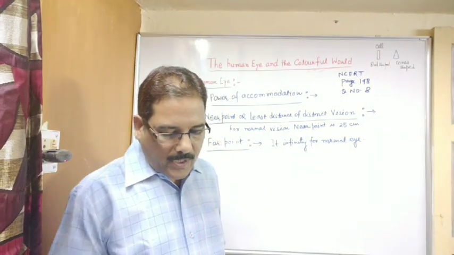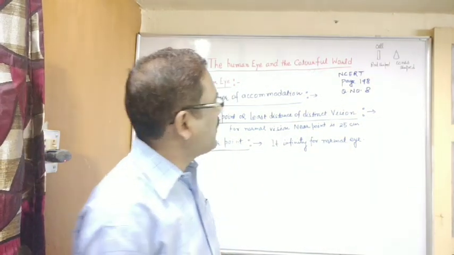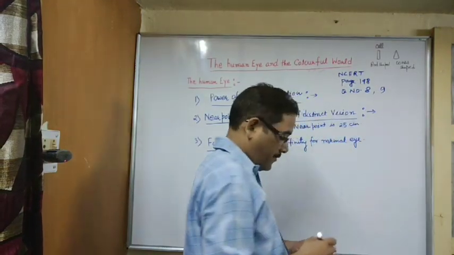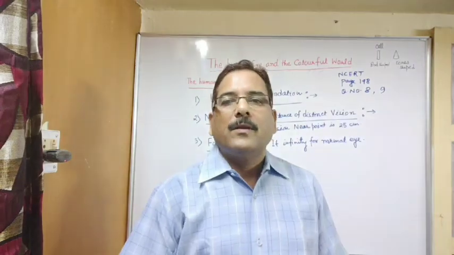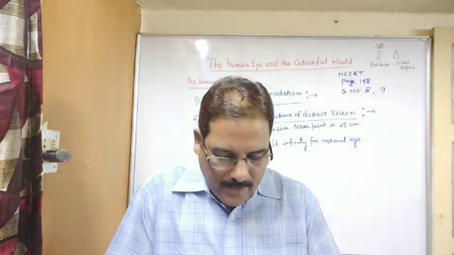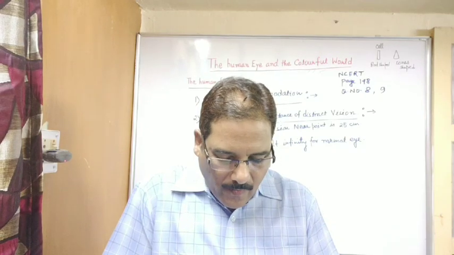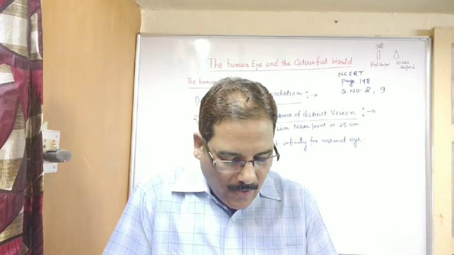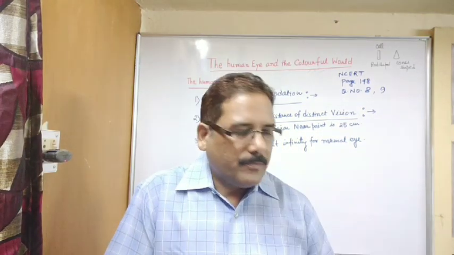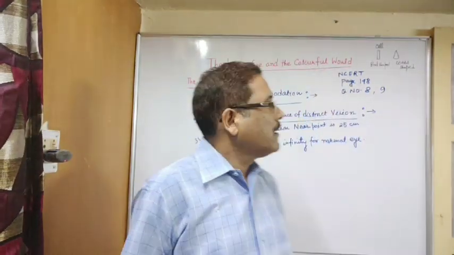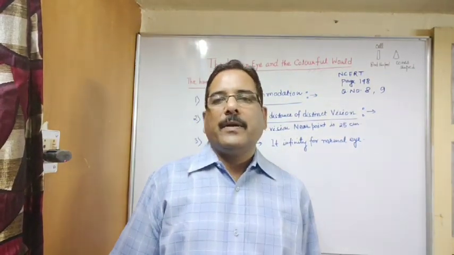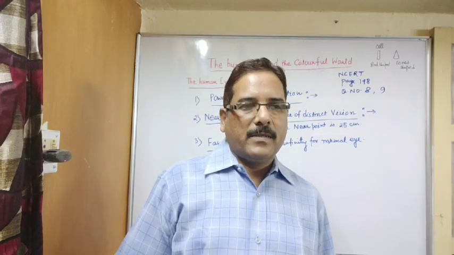Then question number 9 is also important. Question number 9 is, what happens to the image distance in the eye when we increase the distance of an object from the eye? As you will think, in the human eye, as you have drawn the diagram, the distance between eye lens and retina is fixed.